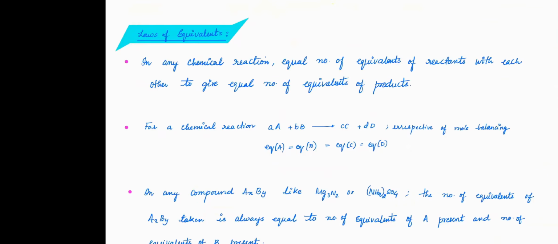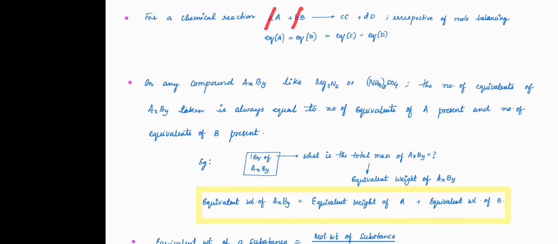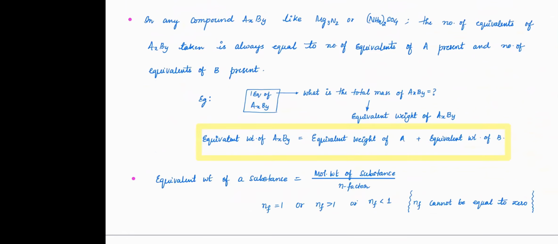Got it? For example, the number of moles here could be different, but the equivalents which have been reacted and form product will be the same. So in case you have any compound AxBy like Mg3N2 or ammonium sulfate, any of this form, the number of equivalents of AxBy taken is always equal to the number of equivalents of A and the number of equivalents of B, the sum of these two.